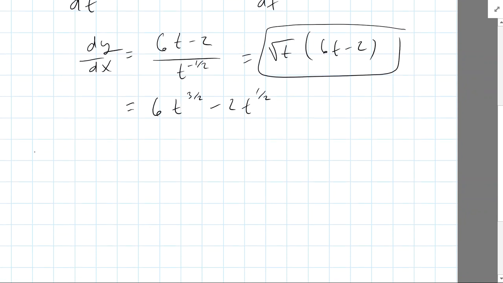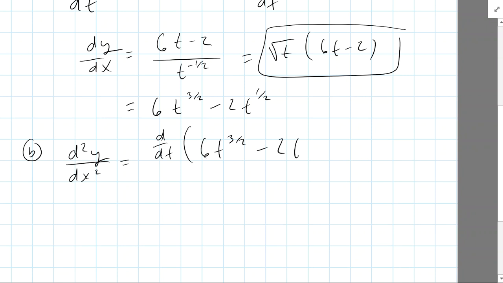So for part B, I'm finding the second derivative of y with respect to x. That means it is the derivative with respect to time of my dy dx, which was 6t to the 3/2 power minus 2t to the 1/2 power. You see what I was talking about now? And is that all divided by dx dt? And what was dx dt? T to the negative 1/2 power.